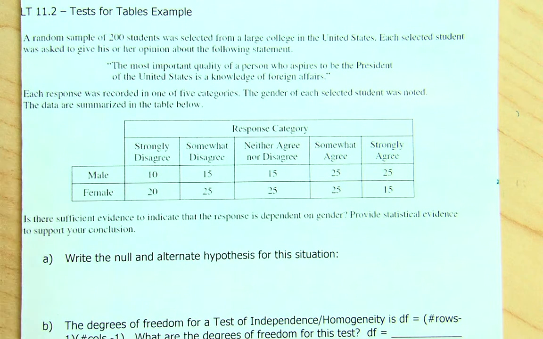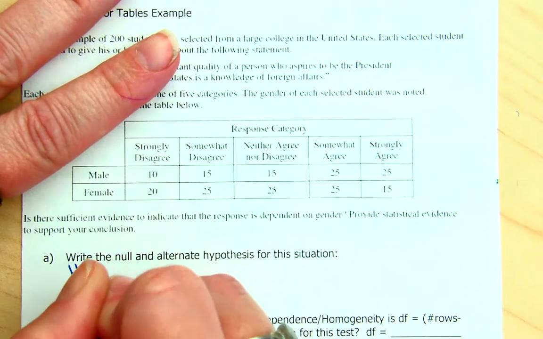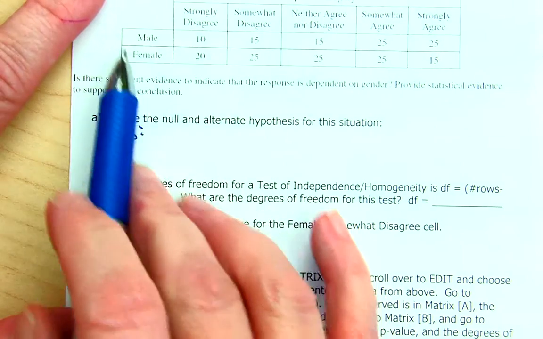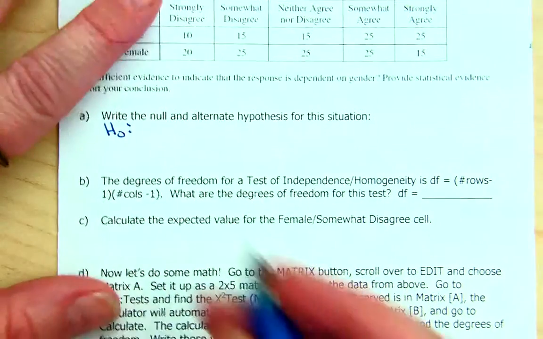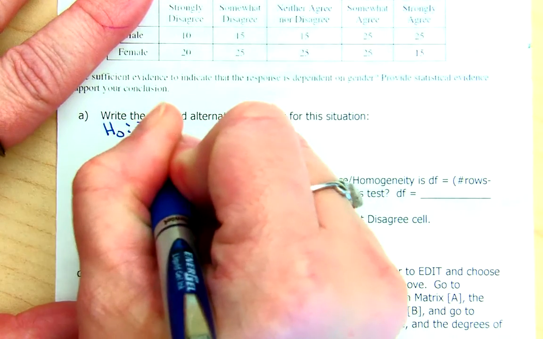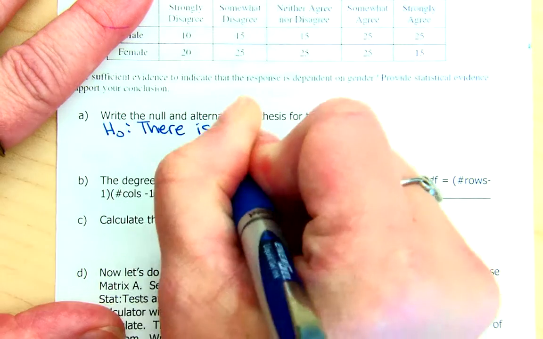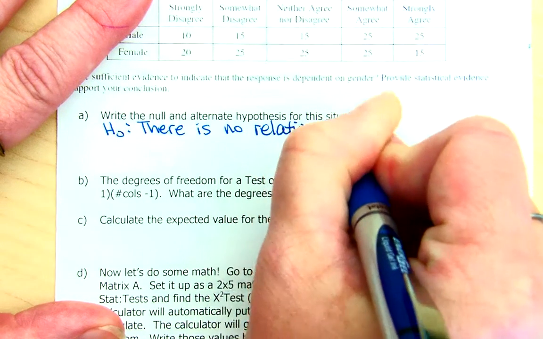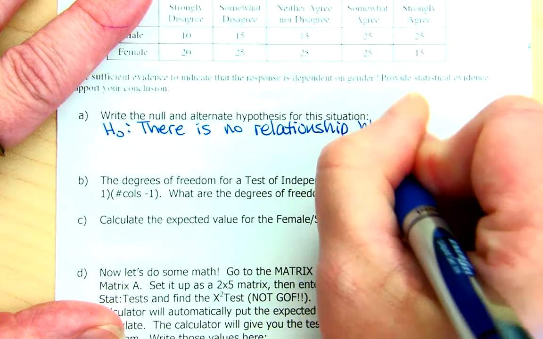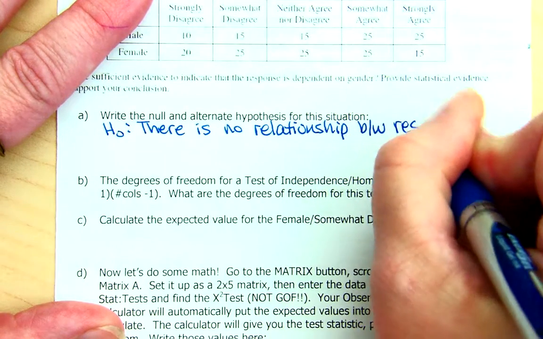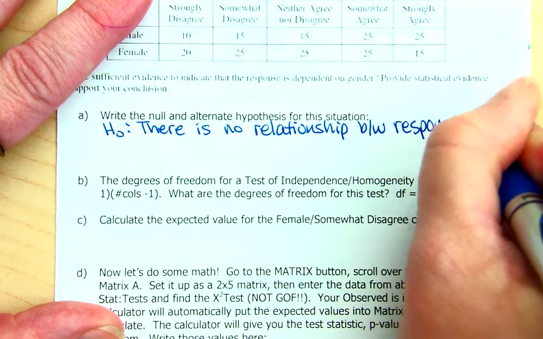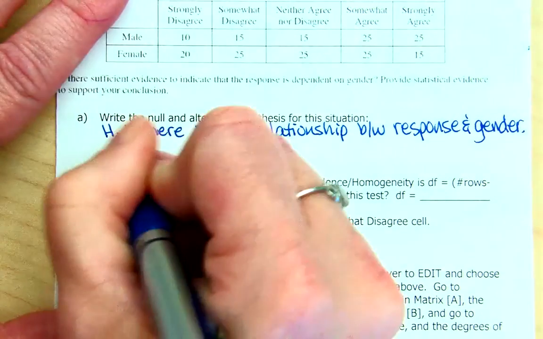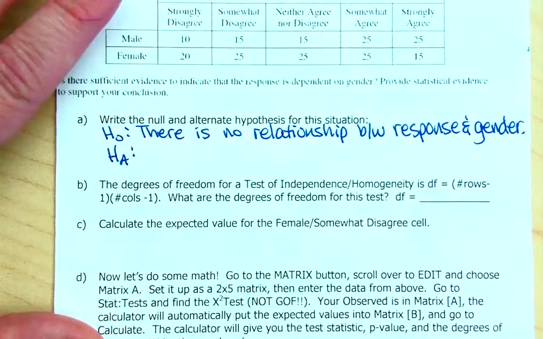So our H0 is there is no relationship between the gender and the response. HA would be there is a relationship.